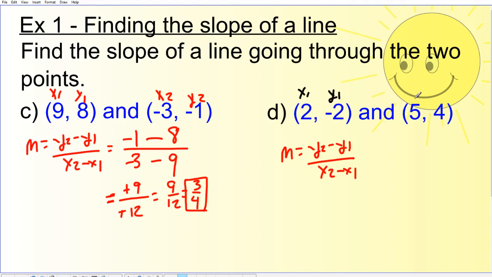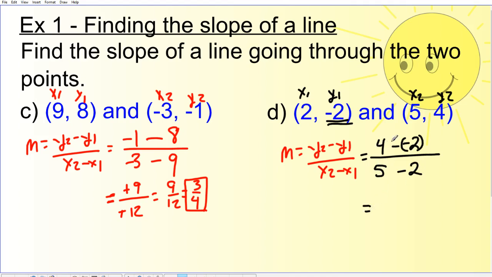x1, y1, x2, y2. Plugging them in. y2 minus y1. Notice I put -2. So it's 4 minus, because the formula has a minus, -2 over x2 minus x1.